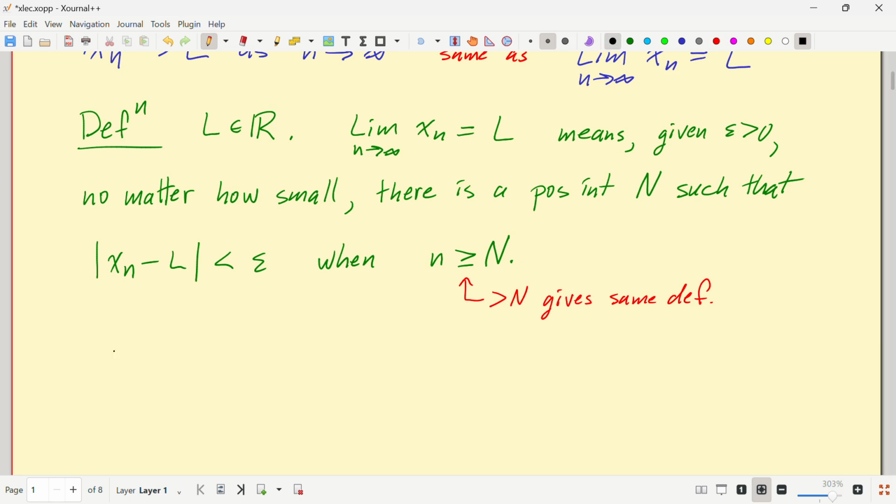So think of epsilon as the error that you might get in a measurement. Or if you're an engineer, you might think tolerance. How precise do I have to make my parameters so I get my thing within some tolerance of L? That one's more for engineers.